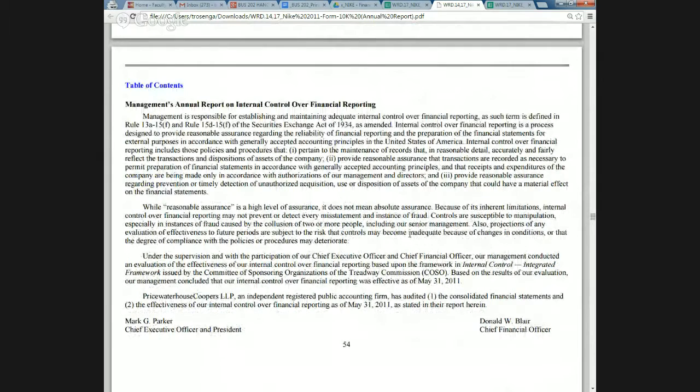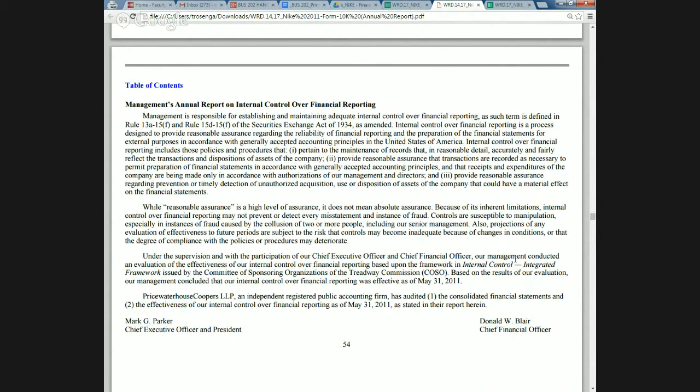And here you see that particular report that highlights that management is responsible for maintaining an adequate internal control over the financial reporting. It's signed by the Chief Executive Officer, and it is signed by the Chief Financial Officer, which indicates that they recognize that they could be held criminally liable if the financial statements are false and misleading.